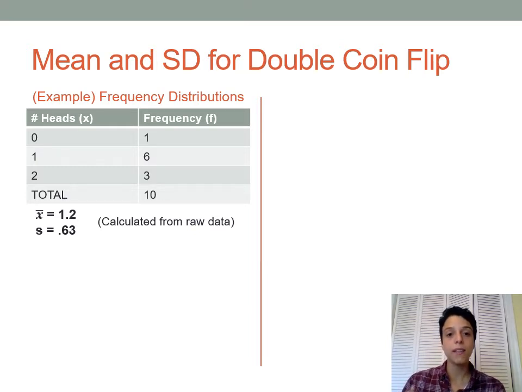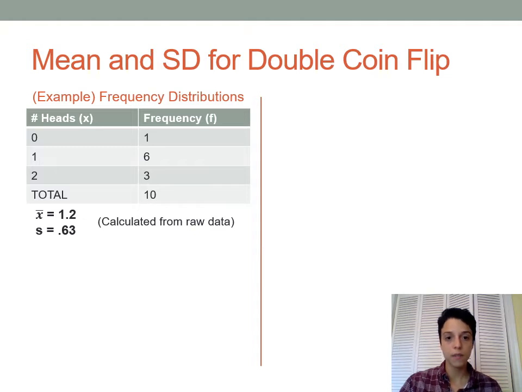If you calculate the mean for this data, so if you add up your 1 0, your 6 1s, your 3 2s, and then divide by 10, you come out to a mean of 1.2. So the average value that I got in these 10 different observations is 1.2. You can also calculate a standard deviation, and if you do that, you get a standard deviation of 0.63. This is the same thing that we were doing over the last couple of weeks.